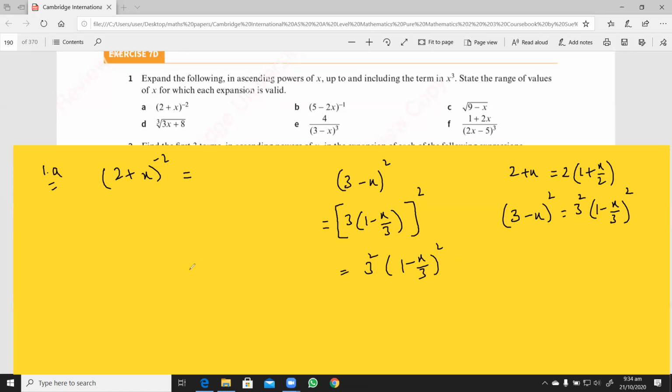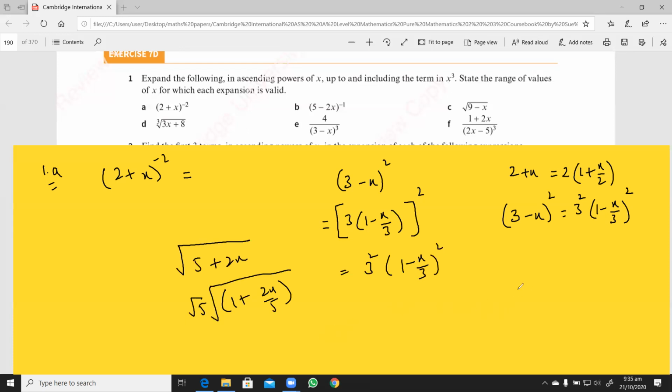Now suppose you have square root of 5 plus 2x. So you want to make this 1 plus whatever. So what would you write as a common here? Yes, that would be root 5 into 1 plus 2x over 5. You may put the square root on it, or you can write the power half as well.